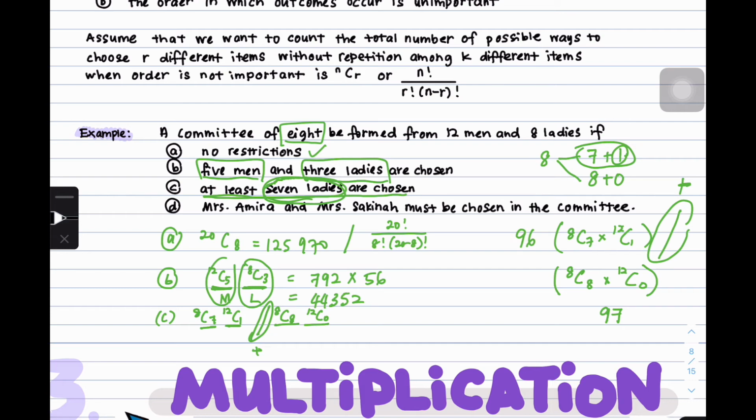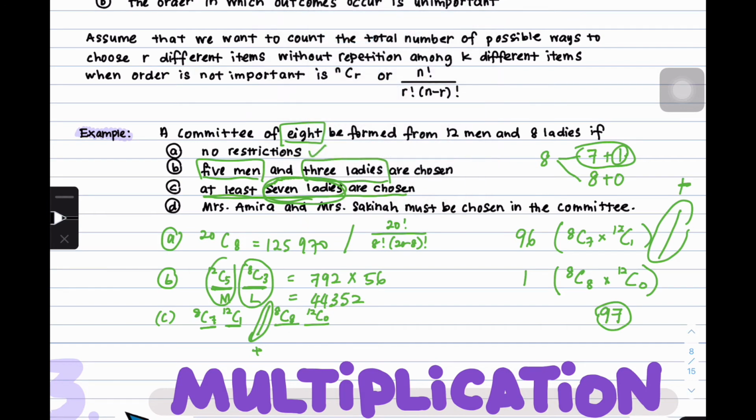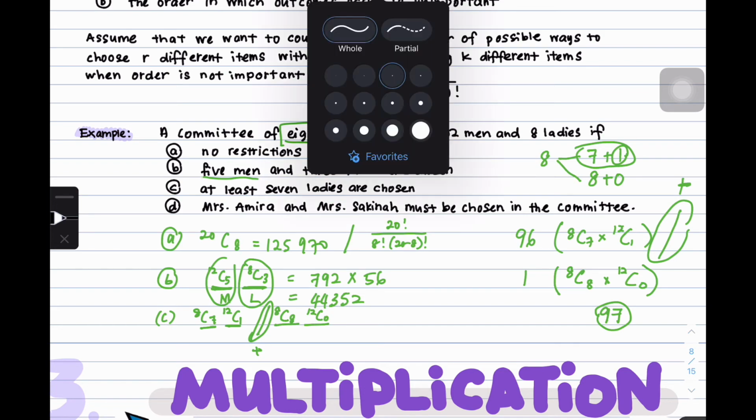Here is 96. Okay, and 8 choose 8 darab dengan 12 choose 0, you will have 1. So 96 plus 1 is equal to 97. Okay, so you need to be careful and you need to really understand what's question asks you. Alright, next D.